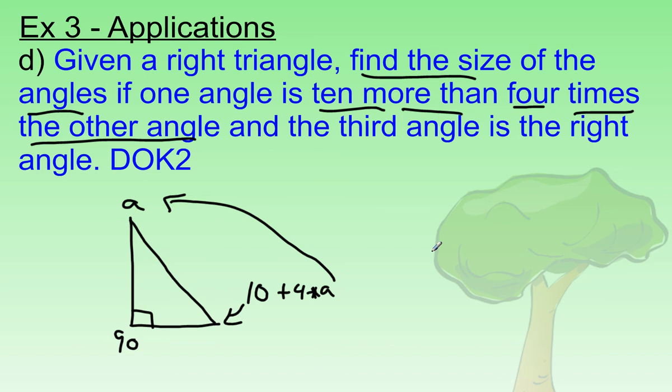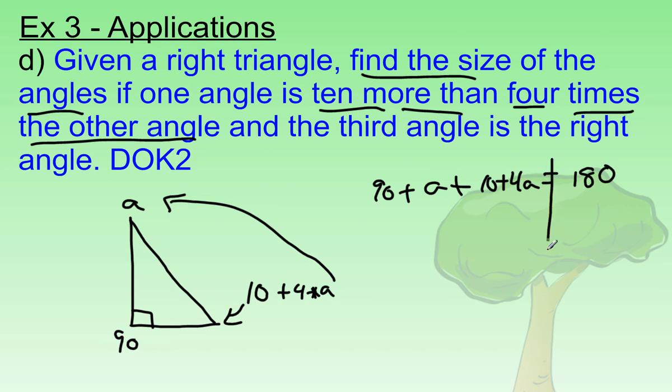Well, if you remember from a triangle, all the angles of a triangle added together equal 180. This is the first thing I thought of because I would just have angle measures, 90, this thing, this thing. So if I would take this 90 plus the A plus the 10 plus 4A, all together, that should equal 180 degrees because it's a triangle. All triangles add up to 180 degrees.